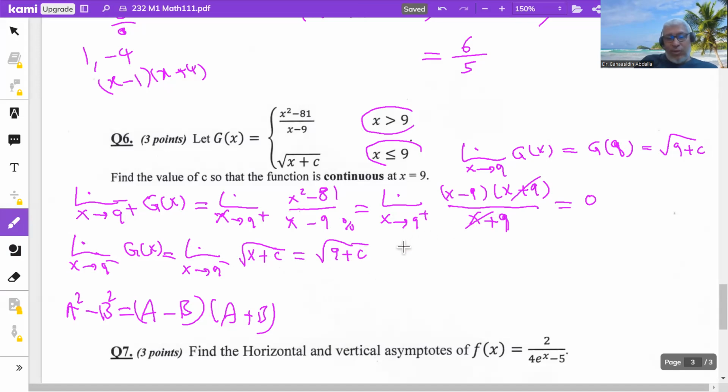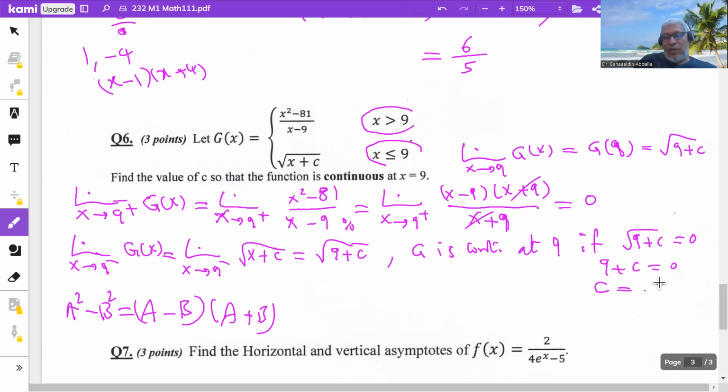So for the function g to be continuous at 9, square root of 9 plus c equals 0, if the limit from the right equals the limit from the left. So to solve this equation, I raise both sides to the power 2, and then the value of c would be negative 9. So that's the answer.